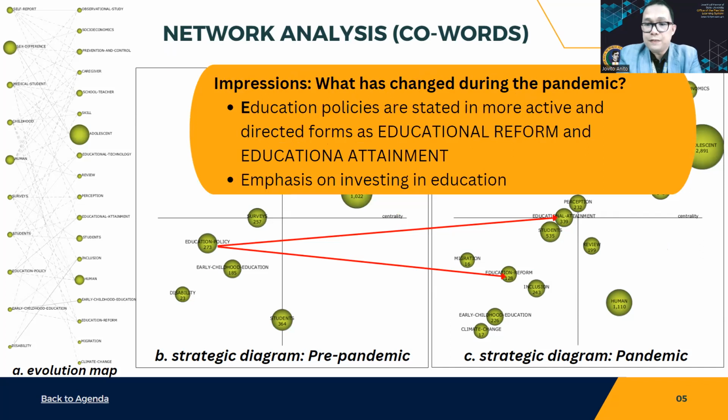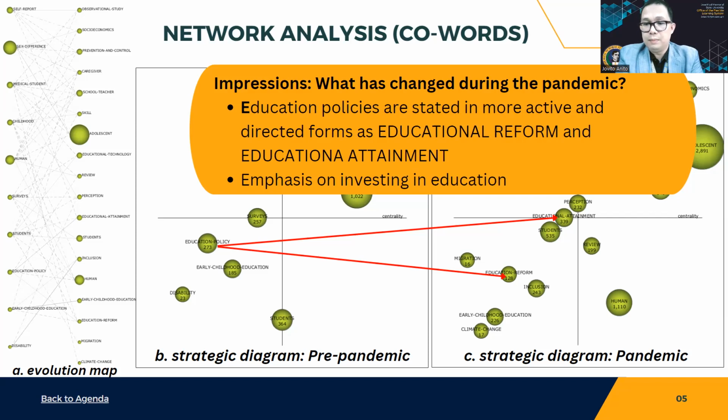So the next one is the emphasis on educational reform from educational policy, which basically belongs to the third quadrant, low centrality, low density, but they merit our attention because this appears to be an emerging theme in the SDG4 research. So the SDG4 research encourages studies that have implications directly on reform, rather than on policies and guidelines.